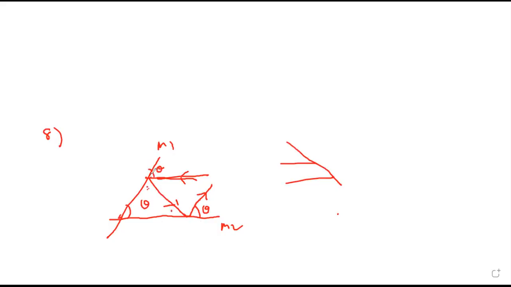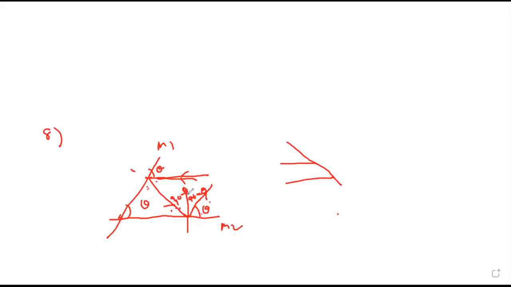This is incident on this, gets reflected, so this will be the angle between the normal. So can we do something related to the angle of incidence or angle of reflection? That only we are doing. If this is theta, and I draw the normal, then this is 90 minus theta.